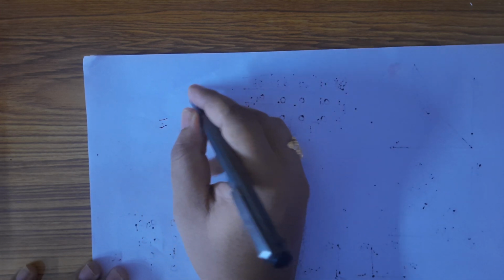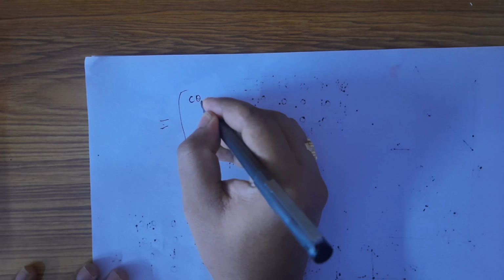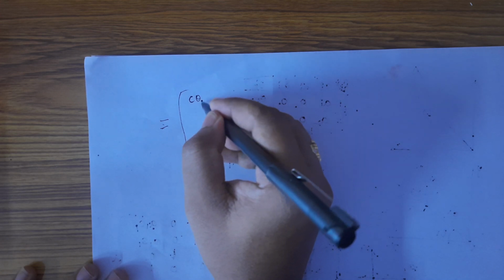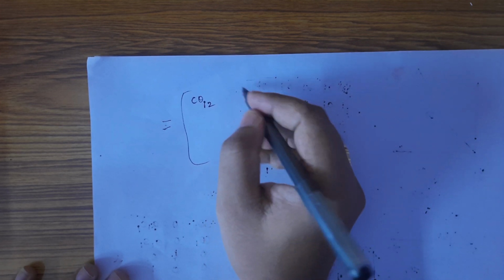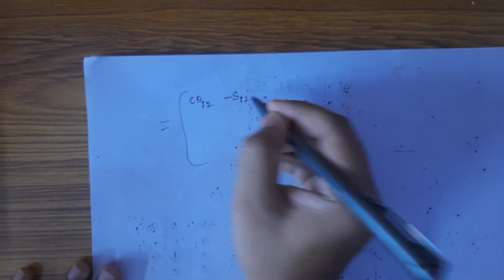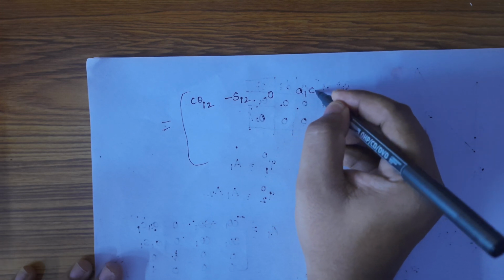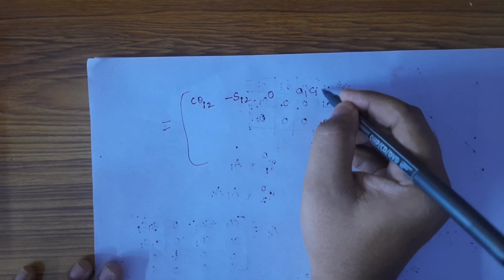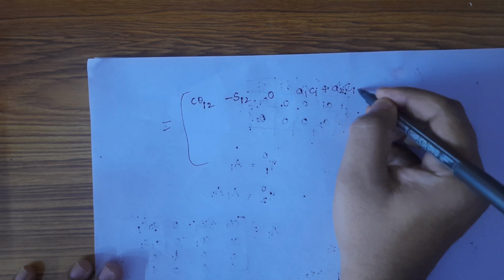Just see here, cos of theta 1 plus theta 2, sin of theta 1 plus theta 2, 0, a1 cos theta 1 plus a2 cos theta 1 plus theta 2.